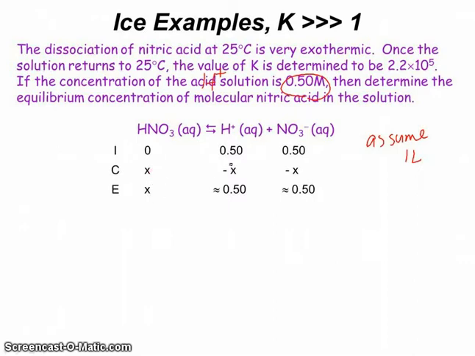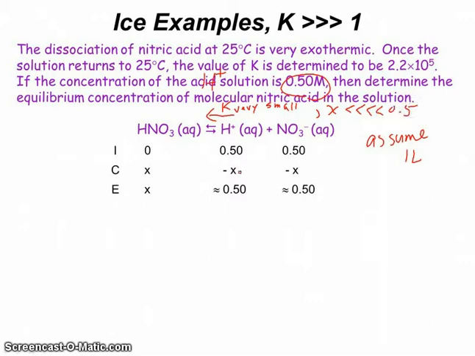Now, at equilibrium, we would be 0.5 minus X for each of these, but we're going to apply the same logic we did for a very small K. Because this value is very large going forward and very, very small going backward, so going this way K is very small, we're going to apply the approximation that says X is much less than 0.5.